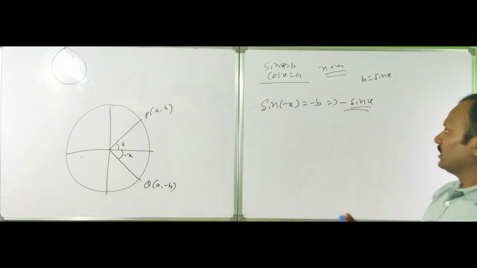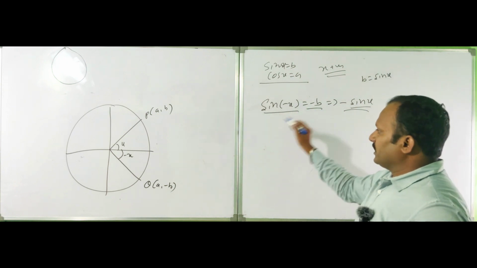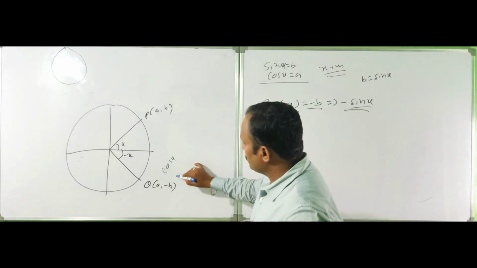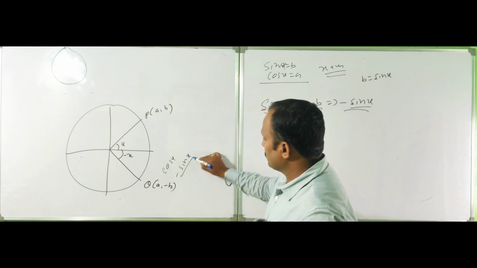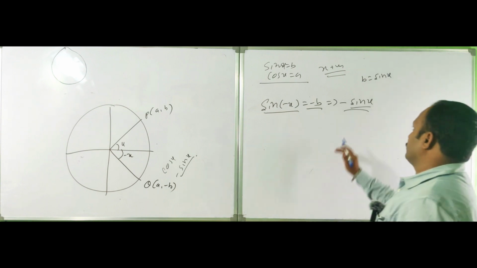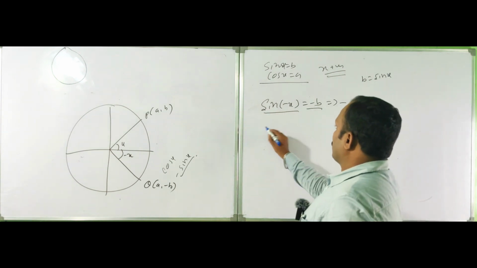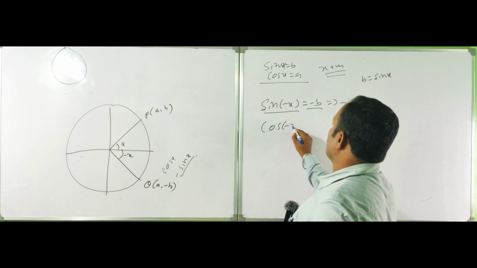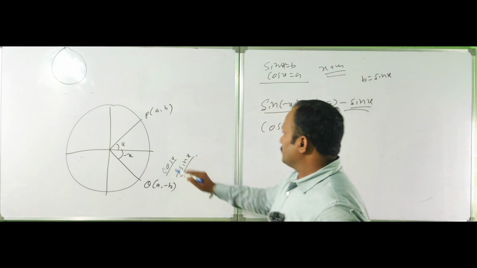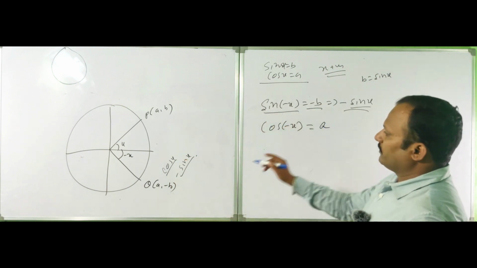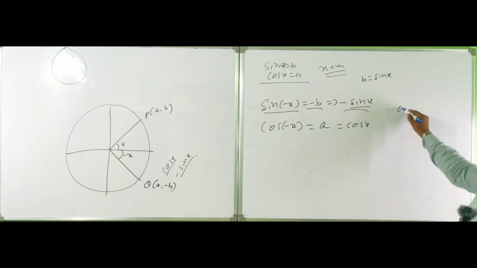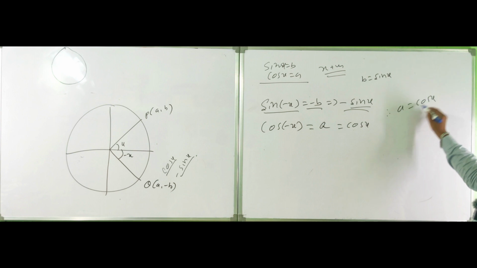This is very important, sir. Sin of minus x is equal to minus B. In this concept, this is cos x, this is minus sin x. Similarly, cos of minus x, the cos x is positive, is equal to A, so this becomes cos x because A is equal to cos x.